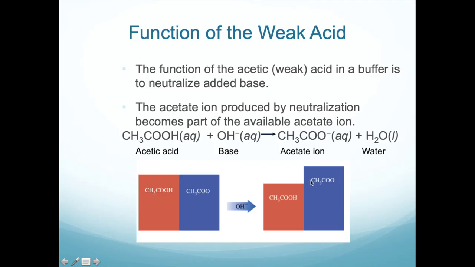So what happens then, of course, is that you have a slight imbalance of your acetate and acetic acid, but the bottom line is that because these two are in equilibrium, they will reach a balance that'll keep the concentration of ions relatively steady and therefore keep the pH relatively steady.